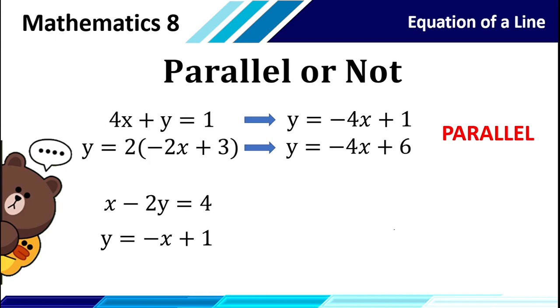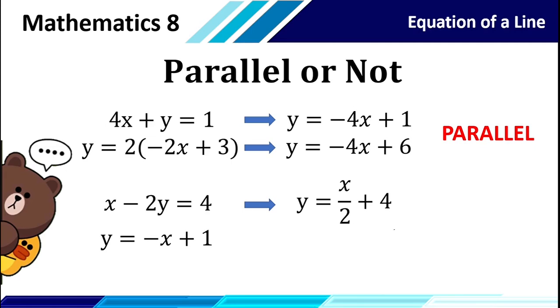Let's have our second example. Let's say we have x minus 2y is equals to 4, and the other equation is y is equals to negative x plus 1. So the first thing that we will do is to convert these two into slope-intercept form. When we convert x minus 2y is equal to 4, it will become y is equals to x over 2 plus 4.